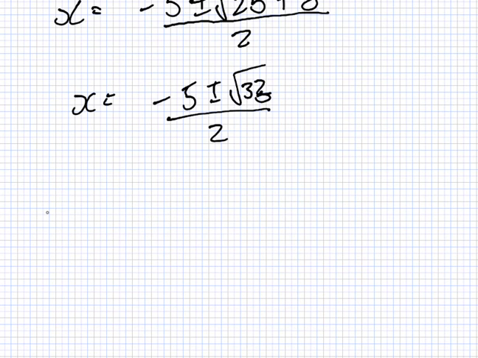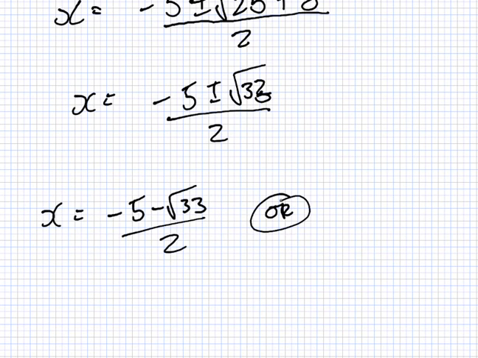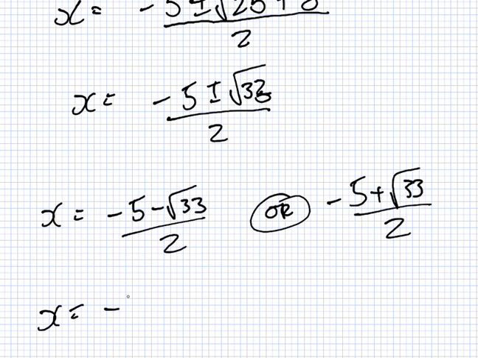So you have two answers. X equals minus 5 minus root 33 over 2, or minus 5 plus root 33 over 2. So my calculator says, for minus 5 minus root 33 over 2, I get x equals minus 5.3723.